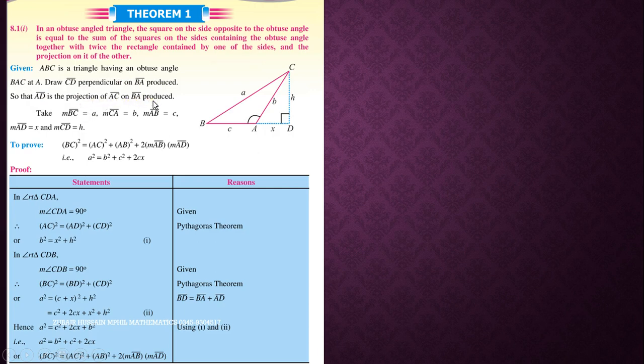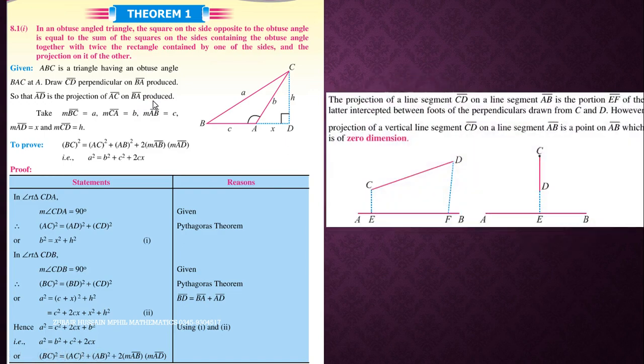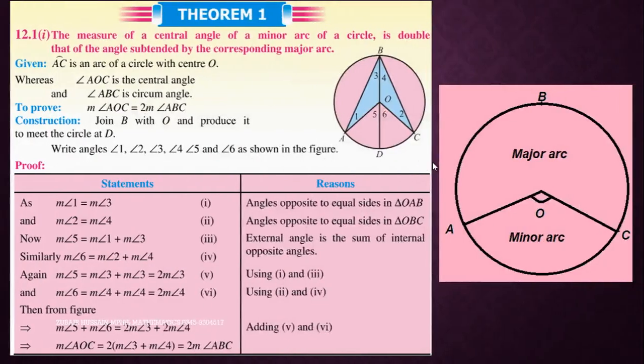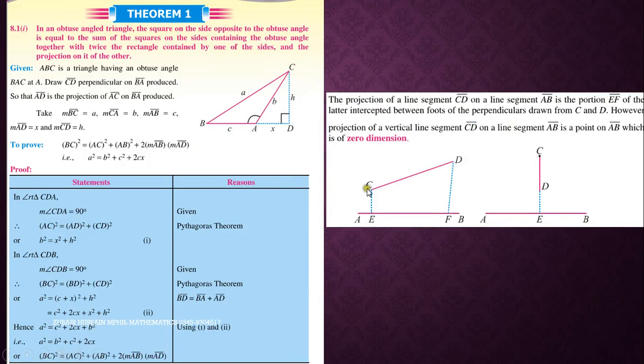Here is another term, that is projection. We must be clear about the projection. The projection of a line segment CD on a line AB is the projection EF. In this figure we can see very simply that the projection of CD is simply EF, like we can say the shadow of this one.